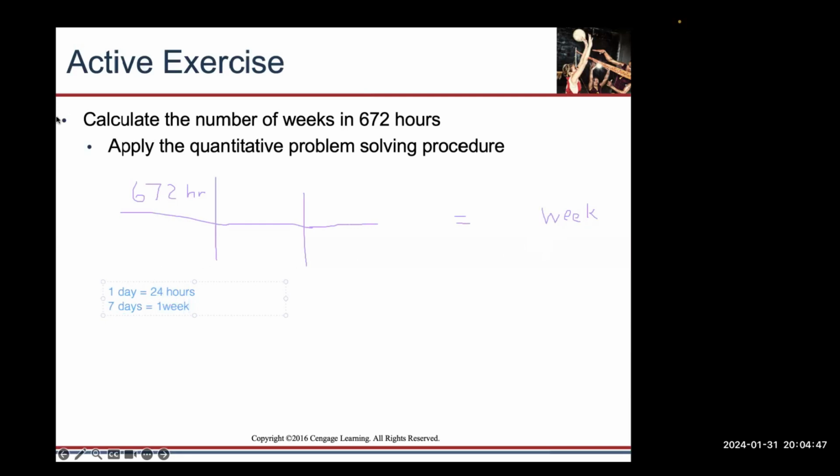So we know that for every 1 day, are we going to put day on top or on the bottom? Since we're trying to get rid of hours, we're going to put the day on top because that's what we want to get to, and the hours on the bottom.